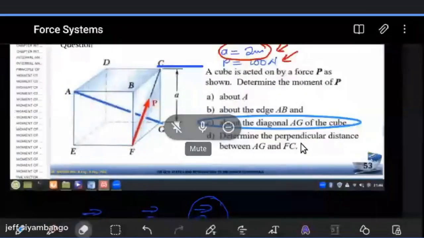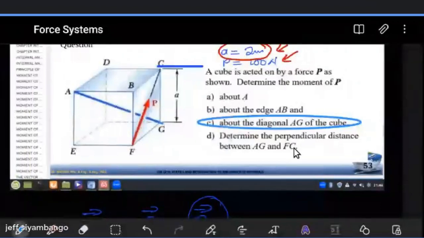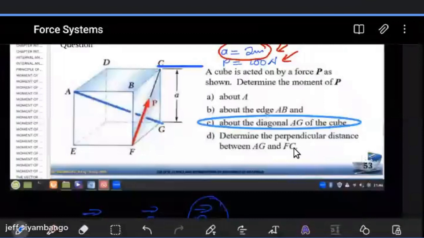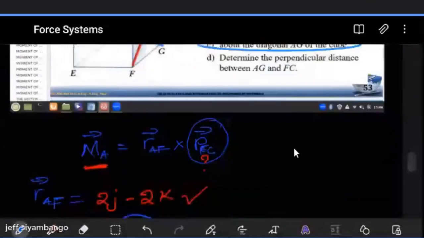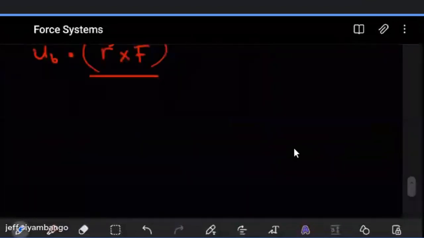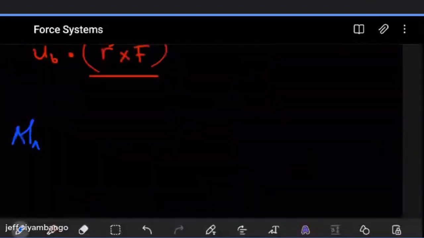So for the third part, from A to G, we need the displacement vector from A to G. We already have the moment about a point on that axis. To specify what I'm talking about, we want to get the moment about the axis AG, the diagonal AG.